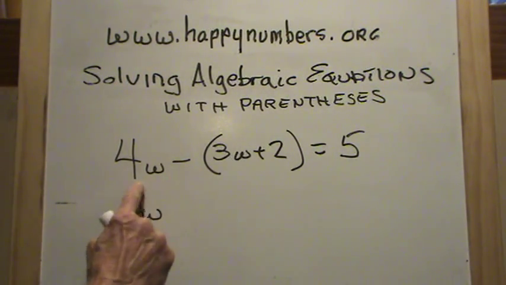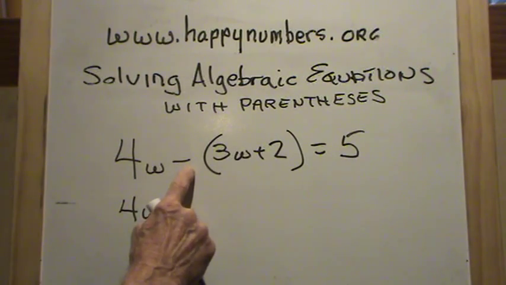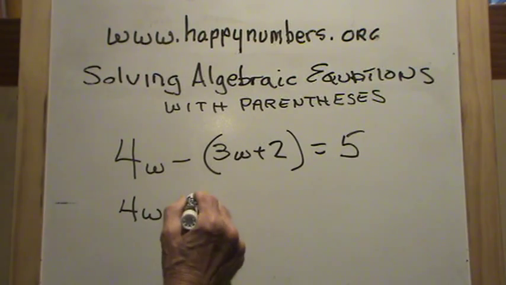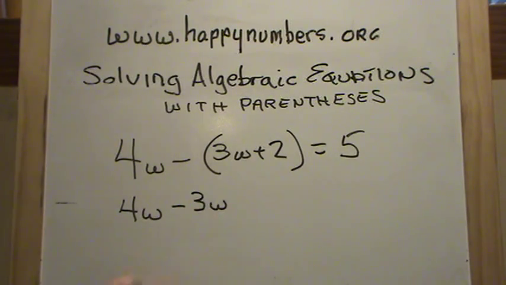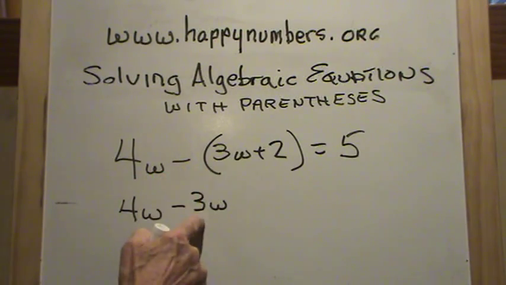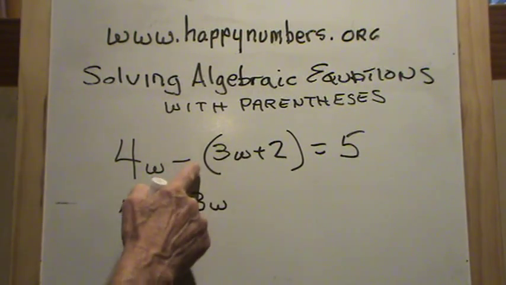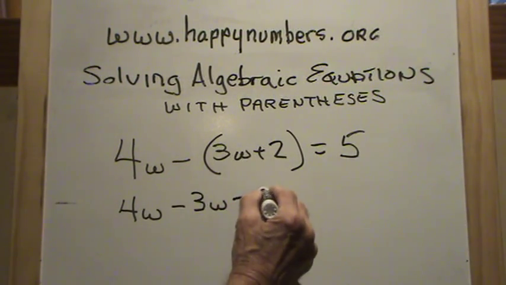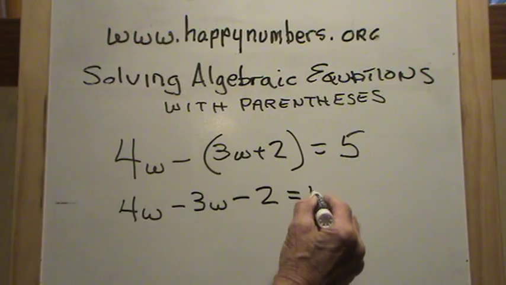Negative 1 times positive 3w gives me a negative 3w, because negative 1 times 3 is negative 3. Then negative 1 times a positive 2 gives me a negative 2, equals 5.